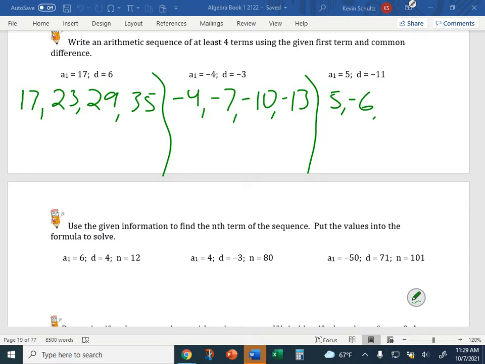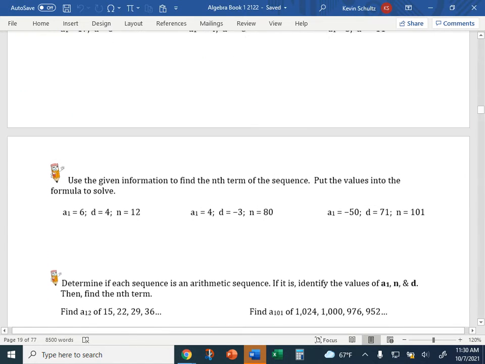Connor, negative 17. And then, Lila, negative 28. Okay, so recognize that A1 value, that first term of the sequence, and then that D is just what's happening. What are you doing? Positive, you're adding. Negative, you're subtracting.